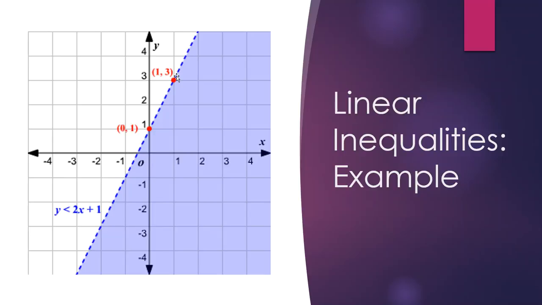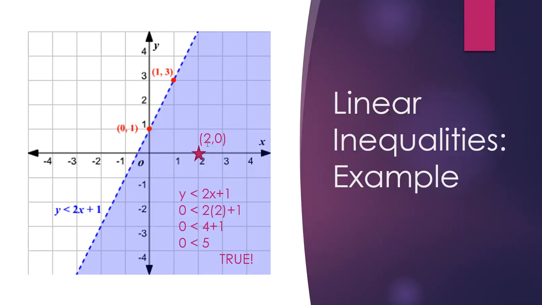And when we shade below this line, what we're really saying is that every point that we've shaded in, every single point in this area, is a solution to the original inequality. So I'm going to show you an example of that right here. This point, 2 comma 0, is in the shaded region.